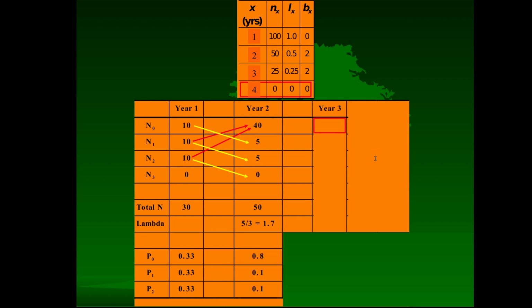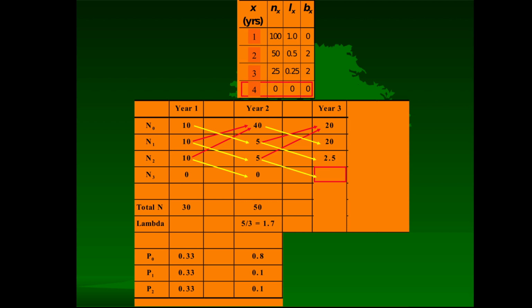So let's carry this out another generation. How many in this first age group? Well, we have 5 times 2 plus 5 times 2, giving 20. How many in the next age group? We have 40 divided by 2, or 20. How many in the next? 5 divided by 2, or 2.5.